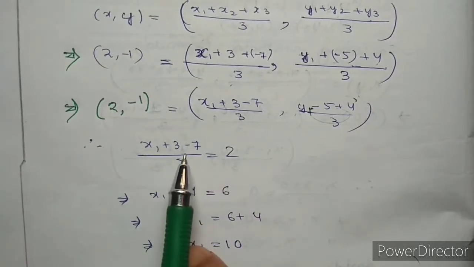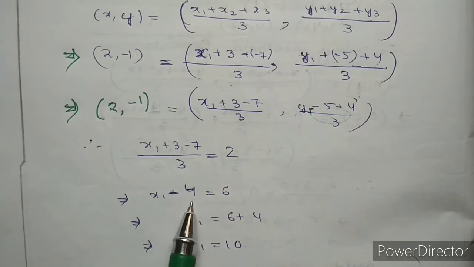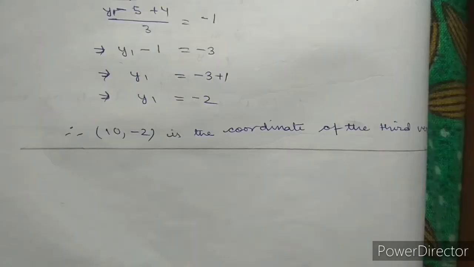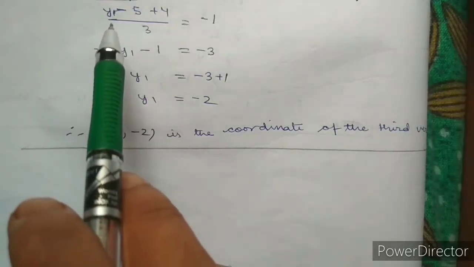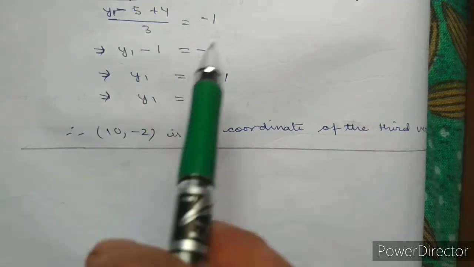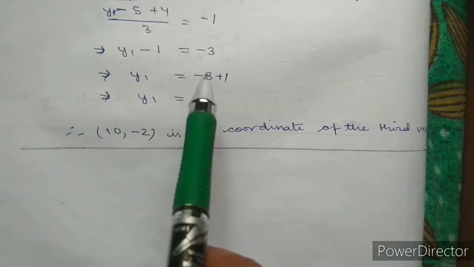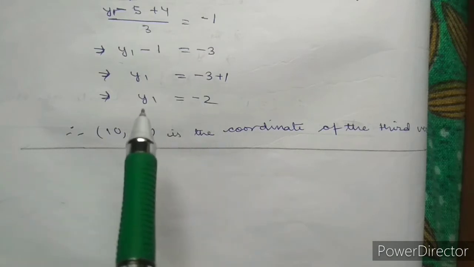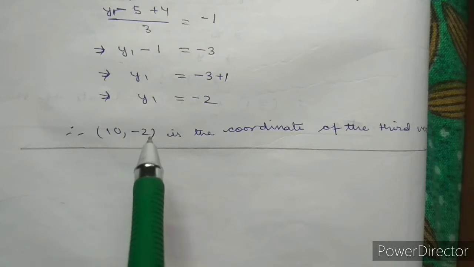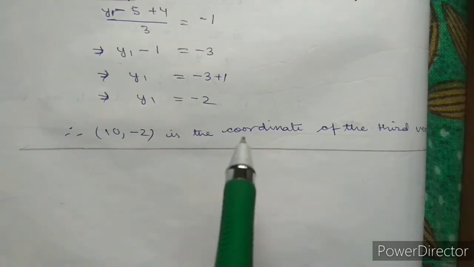That means x1 minus 4, 3 to the 6. x1 will be 6 plus 4, so x1 will be 10. From the y component, (y1 minus 5 plus 4) by 3 equals minus 1. So y1 minus 1 equals 3 into minus 1, which is minus 3. You just transpose minus 1, you get y1 equal to minus 2. That means 10, minus 2 is the coordinate of the third vertex.